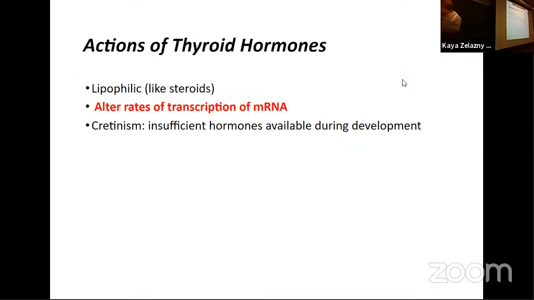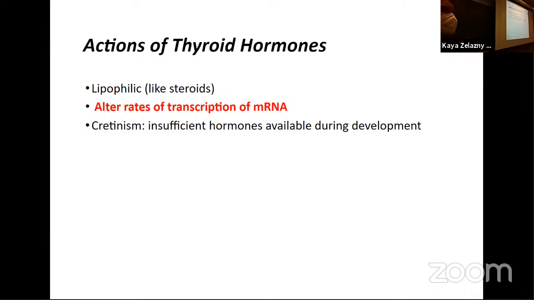So what exactly is a thyroid hormone? The thyroid hormone is lipophilic, so it's kind of like a steroid. This means it's really able to get into your cells, because we have that hydrophobic layer in our membrane, and only other hydrophobic things can dissolve across. Thyroid hormone is one of those things.